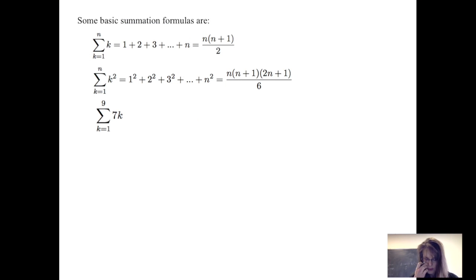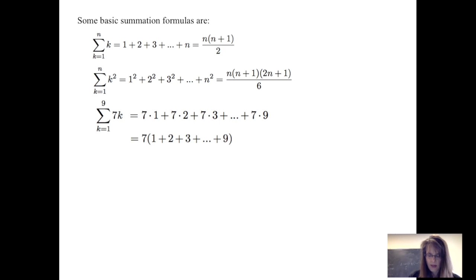Another example using one of these formulas is, suppose I want to sum 7k, as k goes from 1 to 9. If I write out the first terms of that, it's going to be 7 times 1 plus 7 times 2 plus 7 times 3, and continue until I get 7 times 9. And seeing that I've got a factor of 7 in each of those, I can pull that 7 out in front, which is just 7 times the sum of k going from 1 to 9.